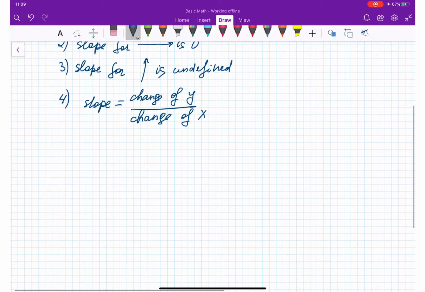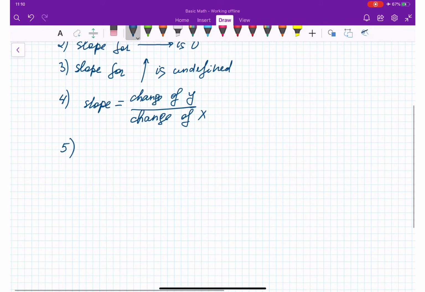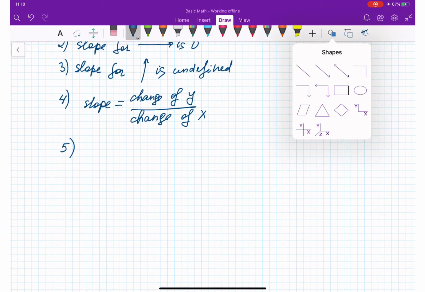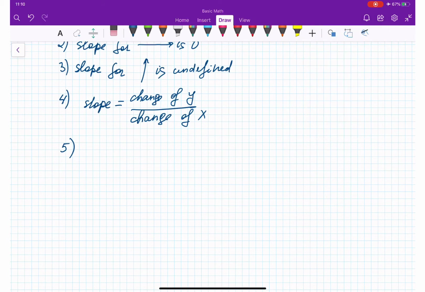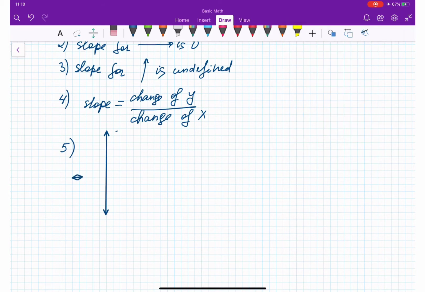Number 5. Question number 5. Here we have a graph. The graph has the following points. This is 2, this is 1.